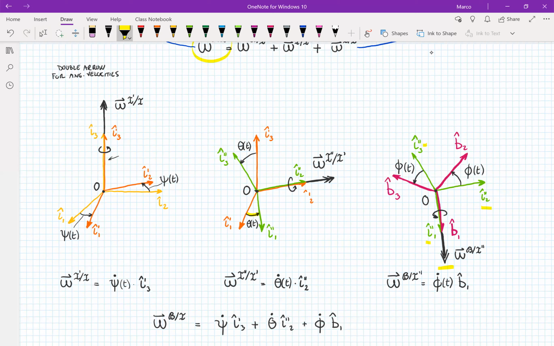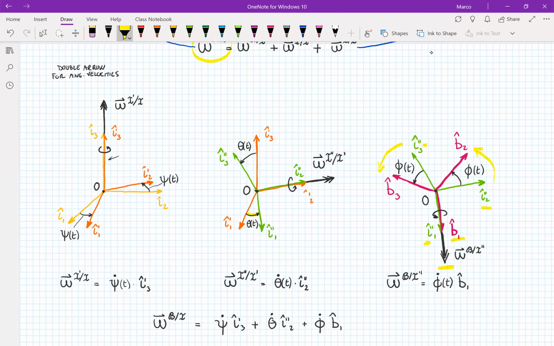So now the rotation happens about the I1 double prime or the B1 versor, because of course they are the same. And so the I2 double prime will rotate into B2, and the I3 double prime versor will rotate into B3.